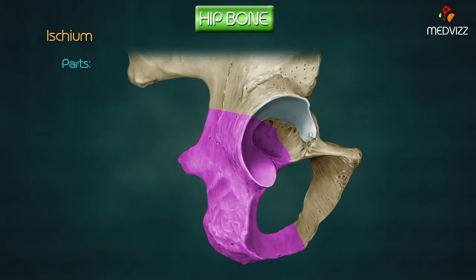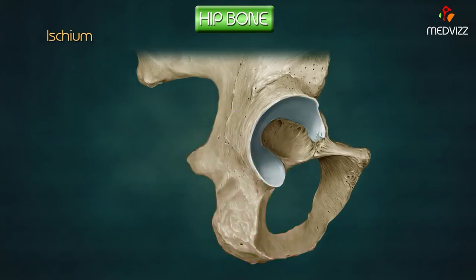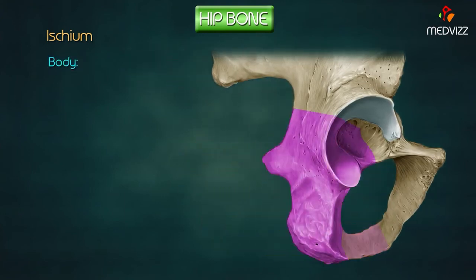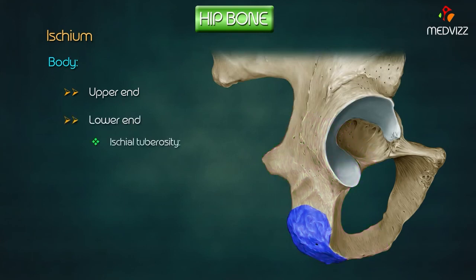Parts. It is made up of a body and a ramus. Body consists of 2 ends, 3 surfaces, and 3 borders. Upper end. It is fused with the ilium and pubis and forms part of the acetabular cavity. The lower end forms part of the ischial tuberosity. Ischial tuberosity is situated in the lower end.